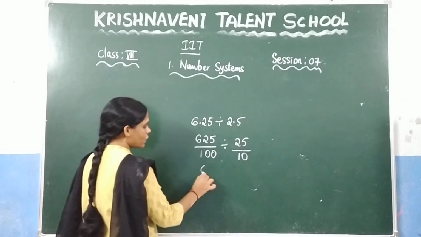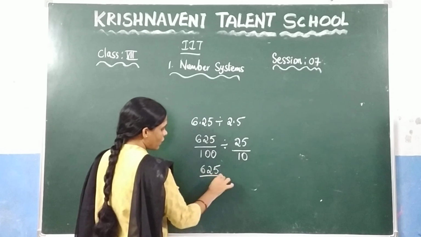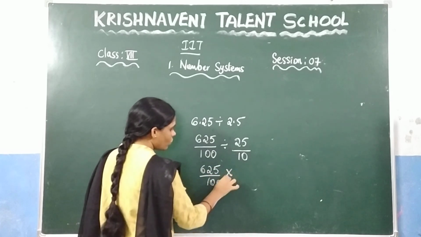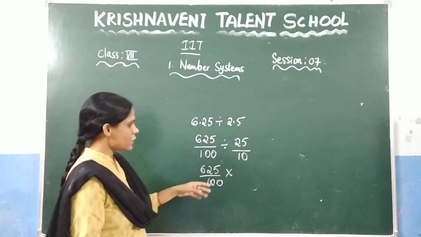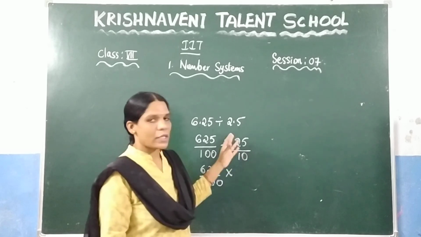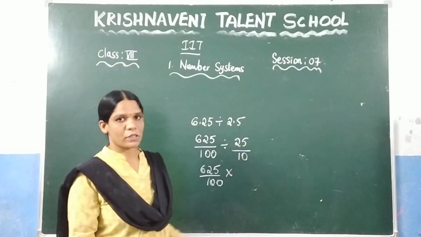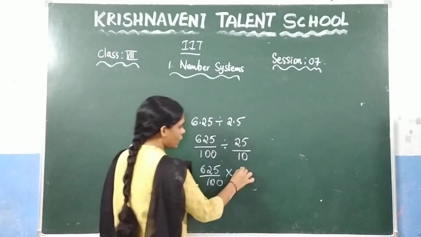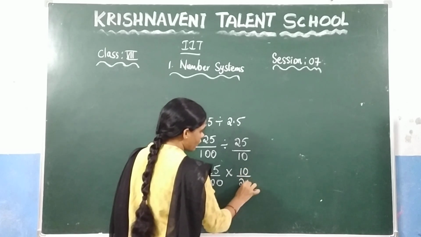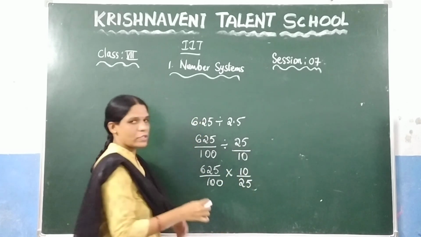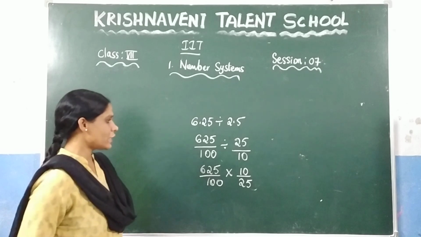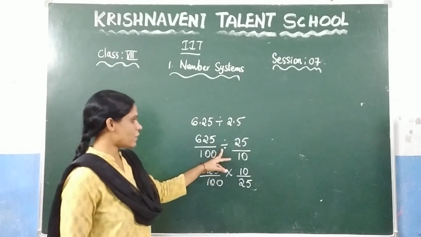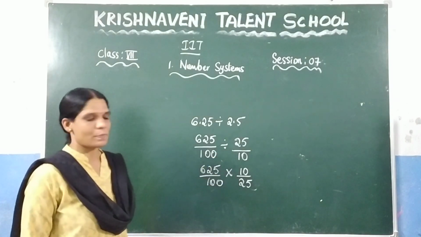So write 625 by 100 into, what is the meaning of reciprocal? Just changing the numerator into the denominator and the denominator into the numerator. So you will get 10 by 25. Just we are taking the reverse, 25 and then writing 10 by 25, because we have changed the division into multiplication.